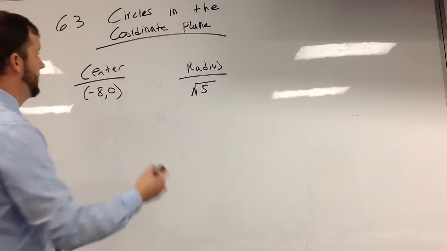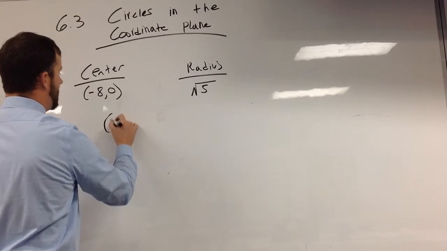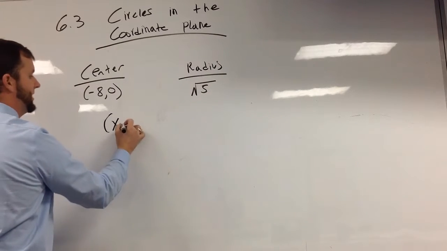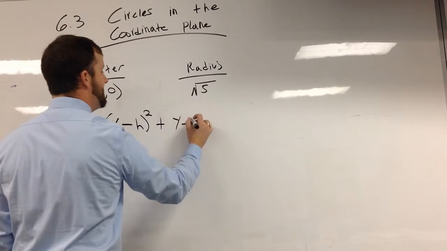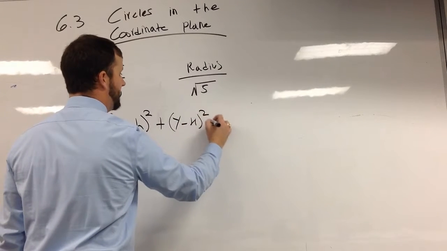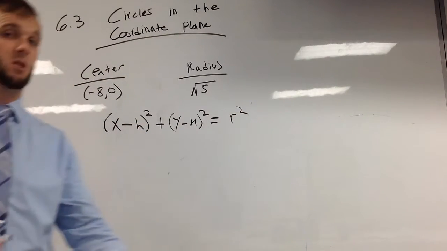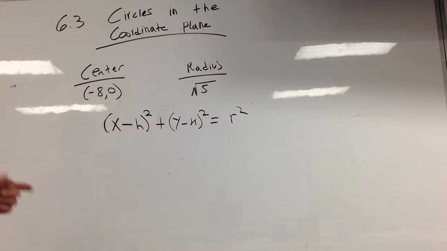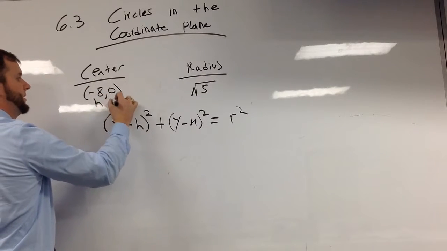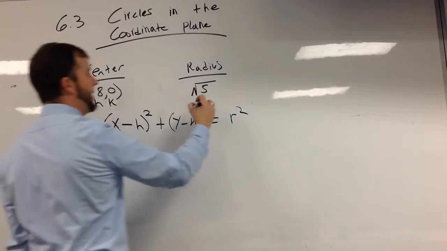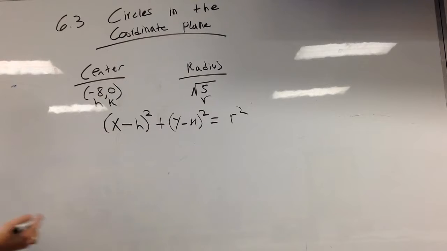We know from the last problem that the standard form of a circle is x minus h, squared, plus y minus k, squared, equals r squared. Literally all I'm going to do is plug everything in. The center is represented as h and k, and my radius is r.